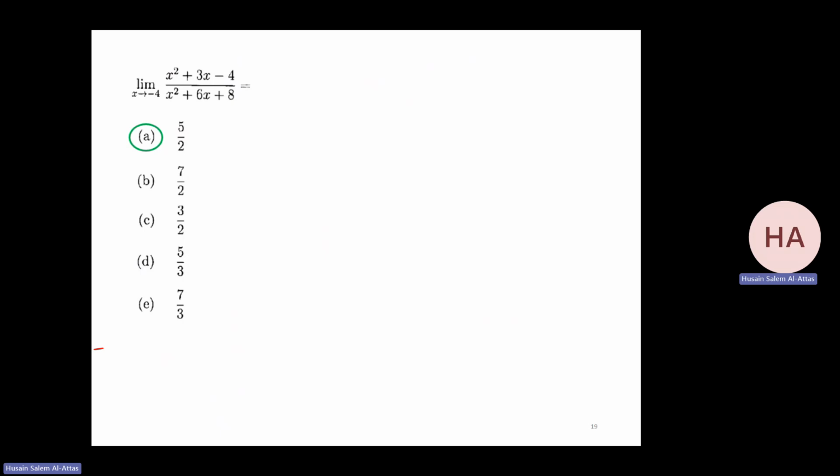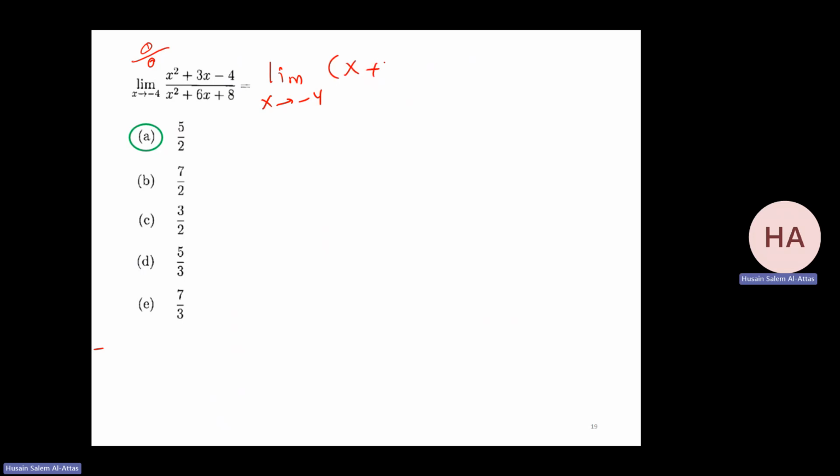Yeah, these are all the exam questions related to that. So let me do all these exam questions quickly. Yeah, this is substitute. You have 16 minus 12 minus 4, so it's 0 over 0, and 16 minus 24 plus 8, 0 over 0. So you need to just factor.